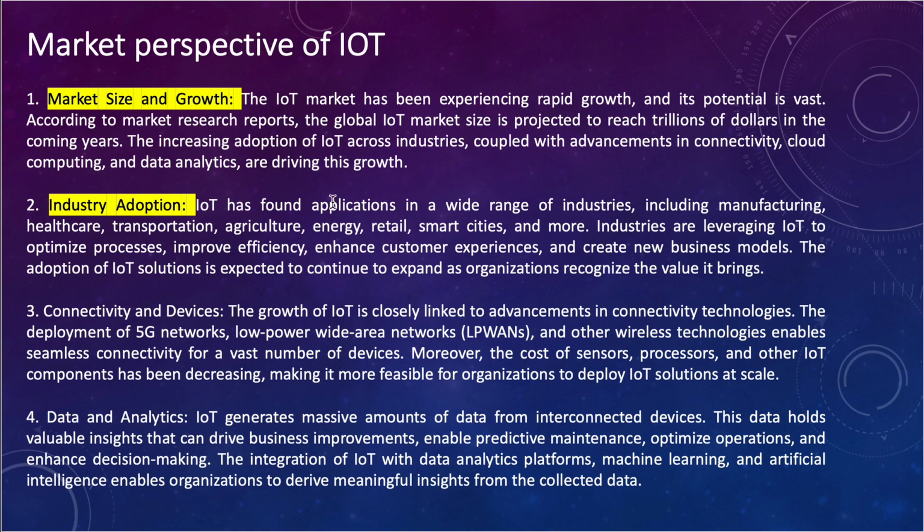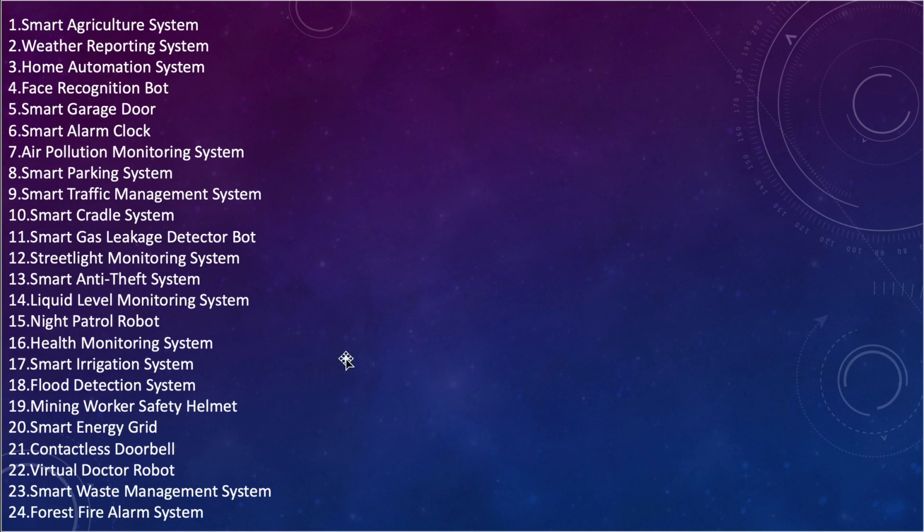So as we talked about market size, market growth, and industrial adaptation, I have listed some of the things that startups and different companies are working to create through IoT. So smart agriculture systems, we talked about them, again the vast quantities that are needed.